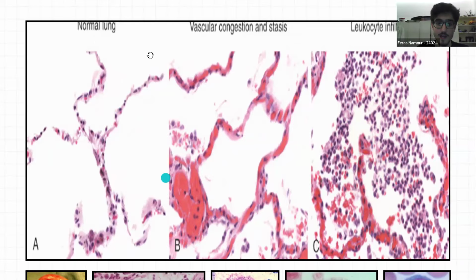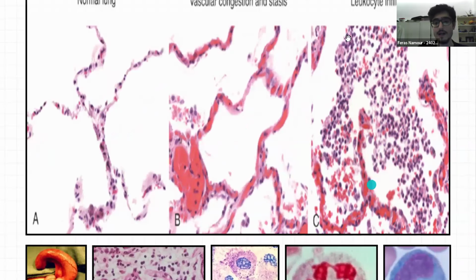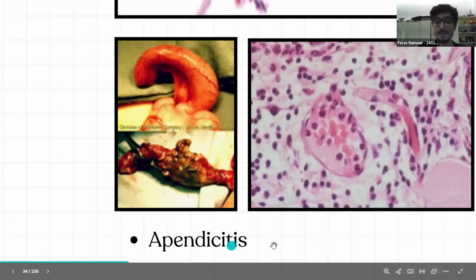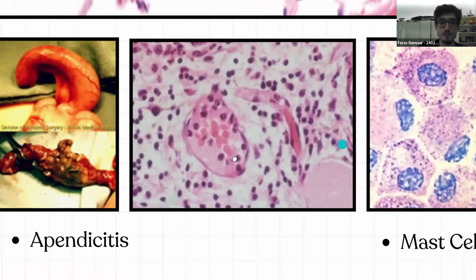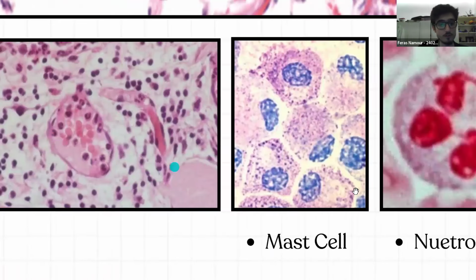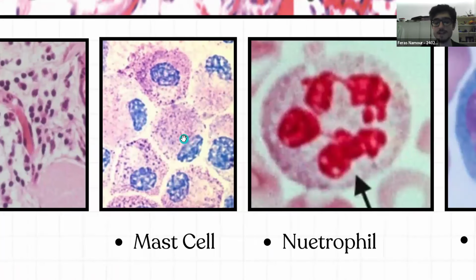So I need to just compare and contrast real quick what happened and the progressive nature of acute inflammation. So this is my increased permeability, and this is my extravasation. And these are more examples. Appendicitis is an example of acute inflammation. Now, your book said this is a neutrophil, and these are some cells that are also synonymous with inflammation, such as mast cells.